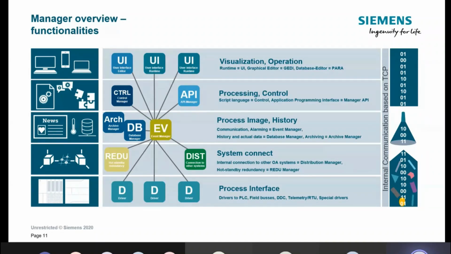We have the control manager and API manager for processing and control functions. We have UIs for engineering of the graphical interface or database, or for runtime. We have redo to deal with the hot standby redundancy. And also we have the disk for the distributed systems.